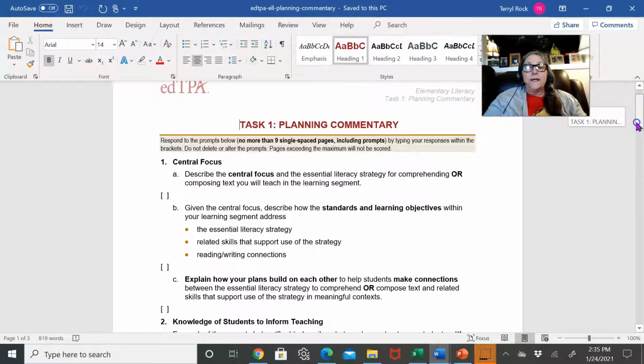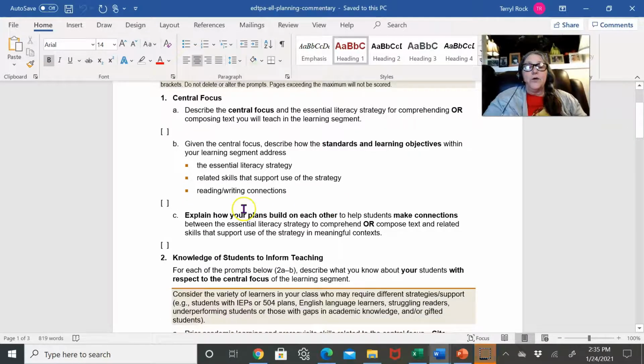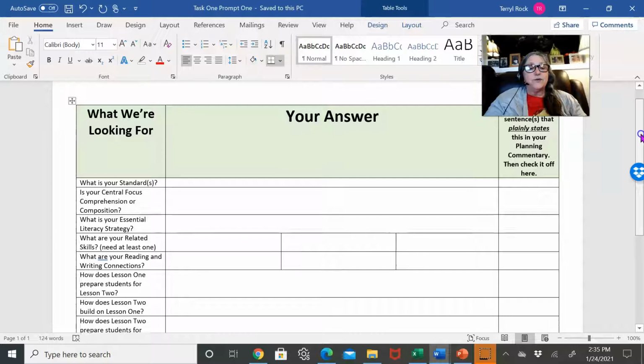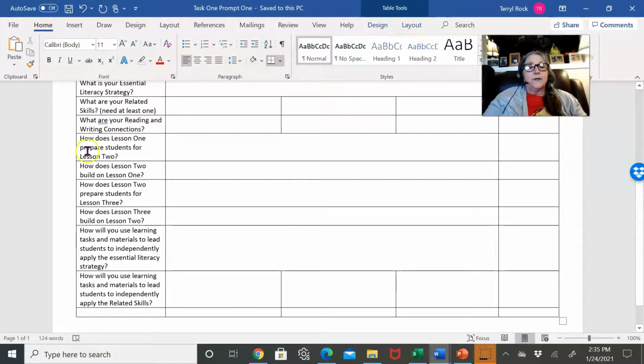In 1C, you're going to explain how each plan builds on the other. And the best way to do that is to ask: how does lesson 1 prepare students for 2? How does 2 build on 1? How does 2 prepare for 3? How does 3 build on 2?